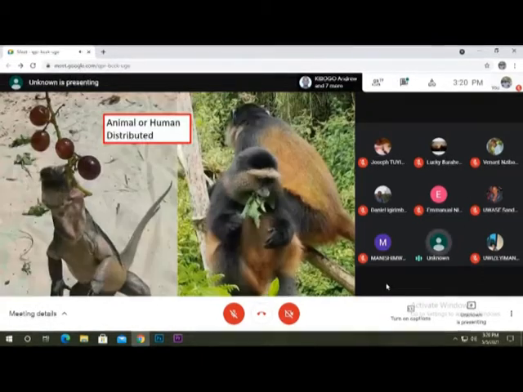So oftentimes we think about fleshy fruits. Are they animal or human distributed? Did animals influence their evolution to be fleshy and therefore serve as an attractant to carry off the seeds? Or were they human distributed?